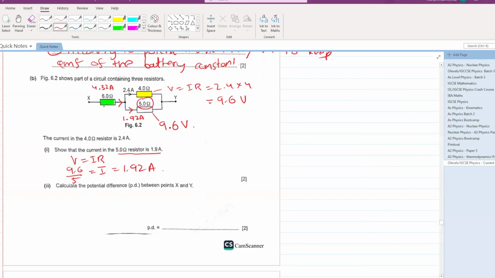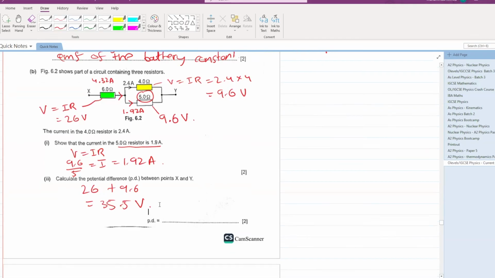The resistance is 6 ohms. Can you calculate the voltage here? V is equal to IR. 4.32 times 6 gives you a value of about 26 volts. This is 9.6 volts. Add both of them. 26 plus 9.6 gives you a value of 35.5 volts. That is your answer.